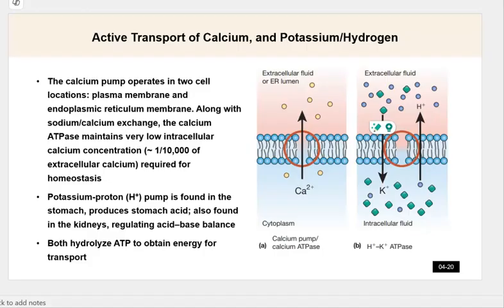Another name for that protein is the sarcoendoplasmic reticulum calcium ATPase, which is also referred to as SERCA. The pump is found on the cell membranes and on the membrane of the endoplasmic reticulum. So review that part as well to help us understand those concepts of the other types of transport.